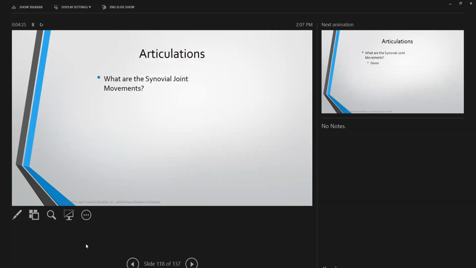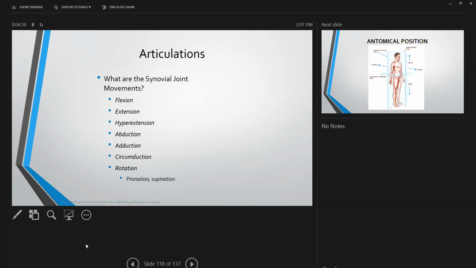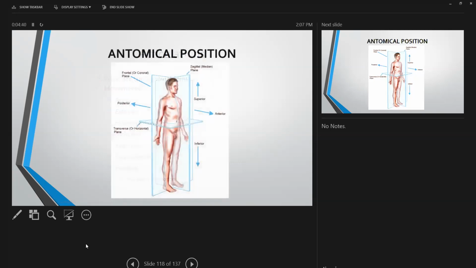What are the synovial joint movements? They can do flexion, extension, hyperextension, abduction, adduction, circumduction, and rotation, which includes pronation and supination.